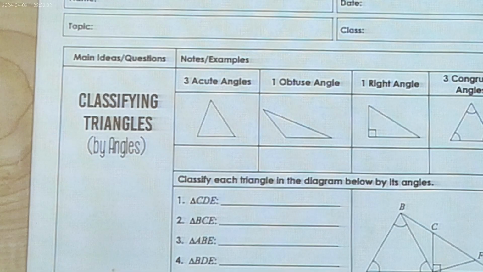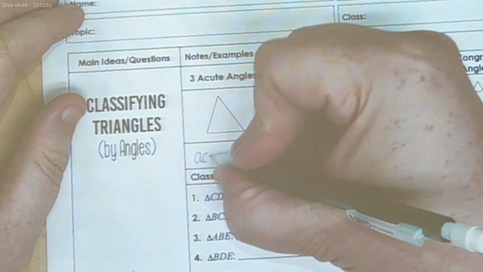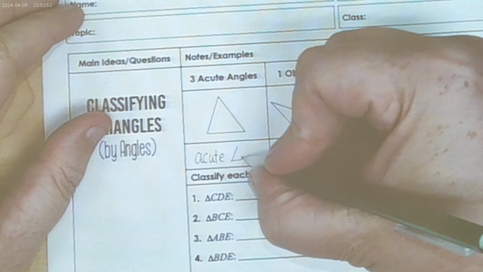So if you have a triangle where all three of the angles are less than 90 degrees, but they are not equal to each other, then you just have what's called an acute triangle.